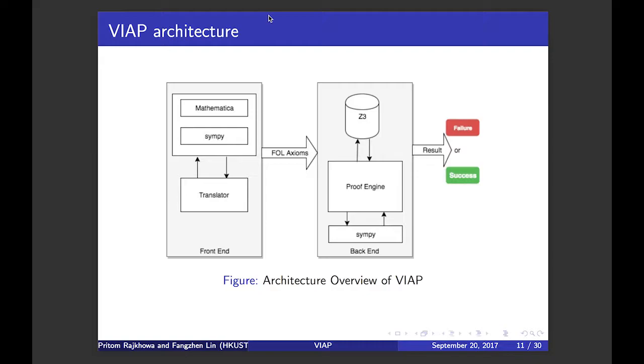Then it passes the first order axioms to the backend, which translates them to Z3 computable axioms, and the proof engine applies different strategies on those axioms to try to prove the post condition, and depending on the results will output whether the system, VIP, was successfully able to prove that post condition or not.